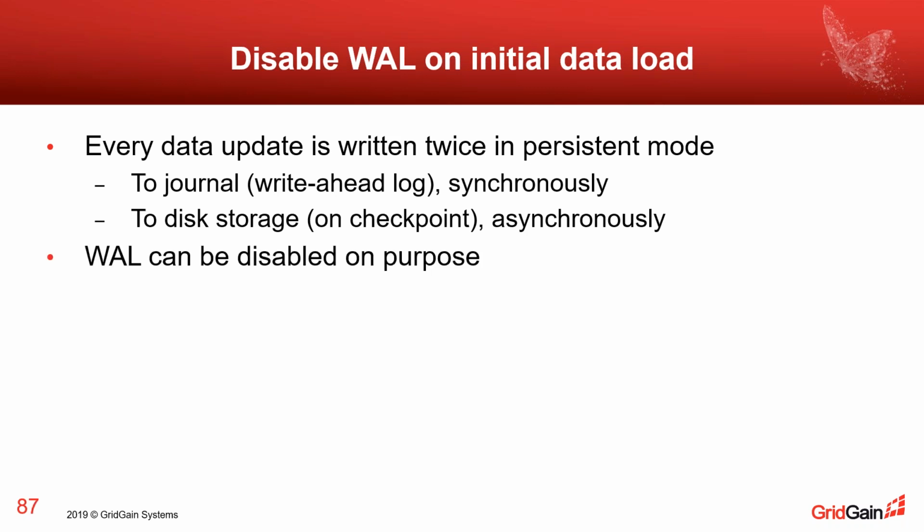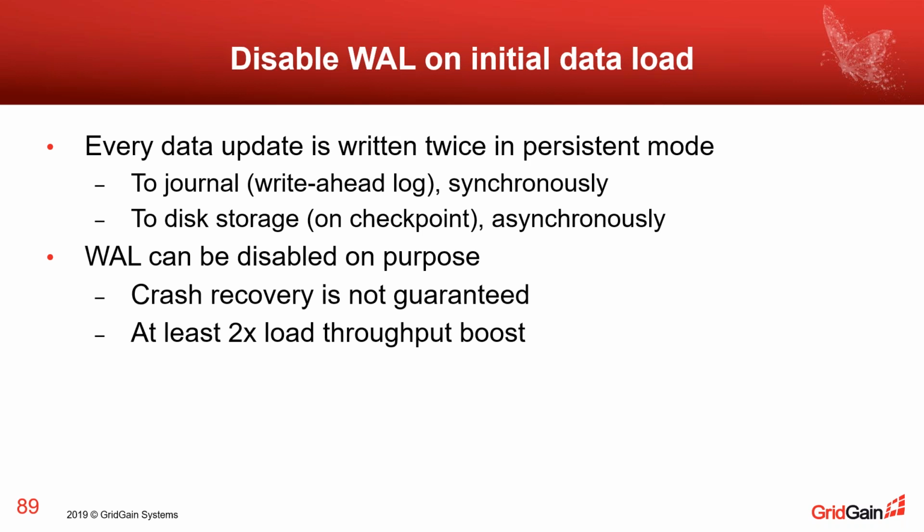So what we can do is disable write ahead log. Write ahead log is needed for durability, for the ability to restart safely. But if your data is not loaded yet, you may not need durability at this point in time. So disable write ahead log. Crash recovery is not guaranteed, but you will gain at least a 2 times load throughput boost.